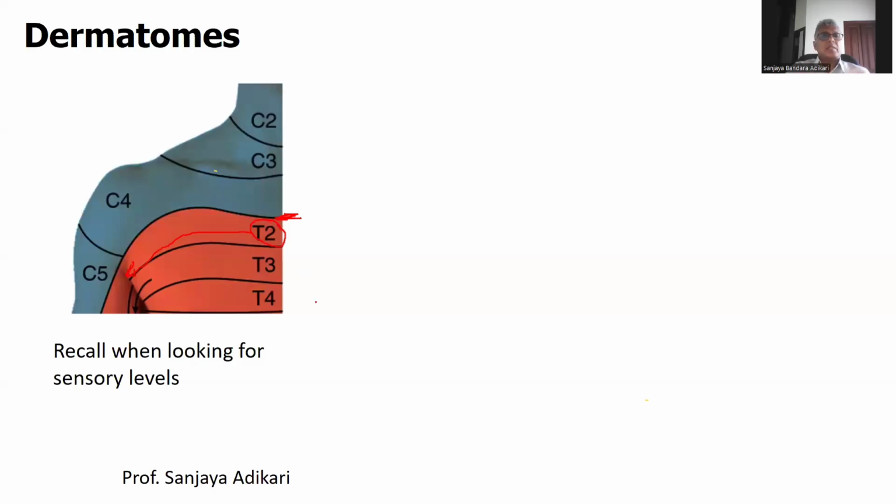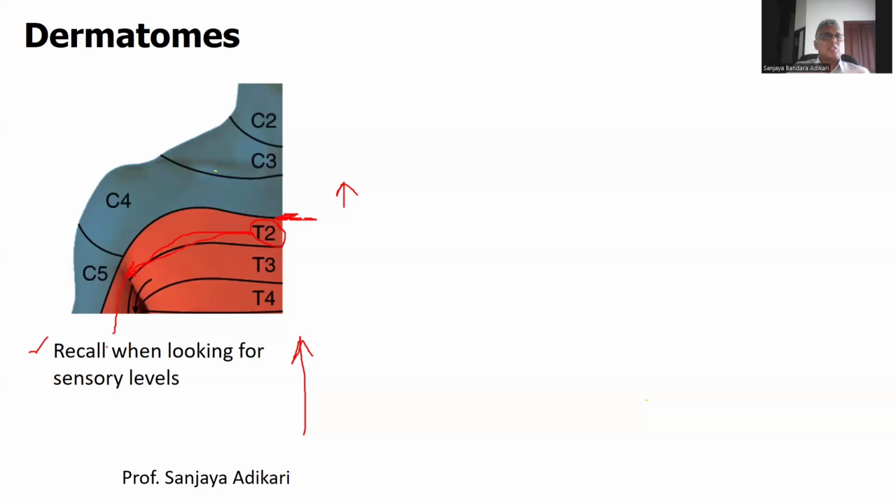Recall, when you are looking for a sensory level in a neurological examination, you start from the lower limbs and go upwards. Always when you come up to the sternal angle, you don't jump into the blue area. You always go into the upper limb and follow the dermatome.